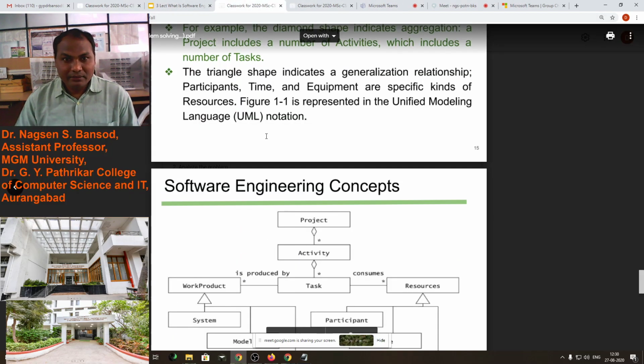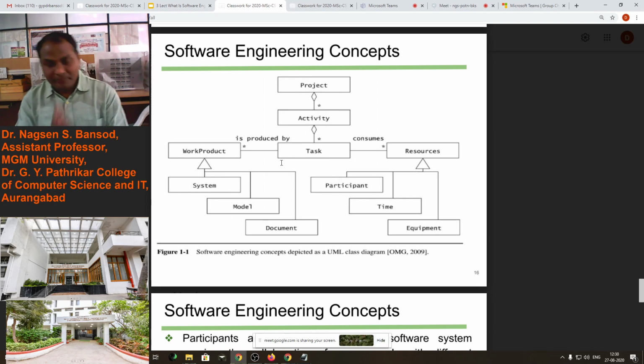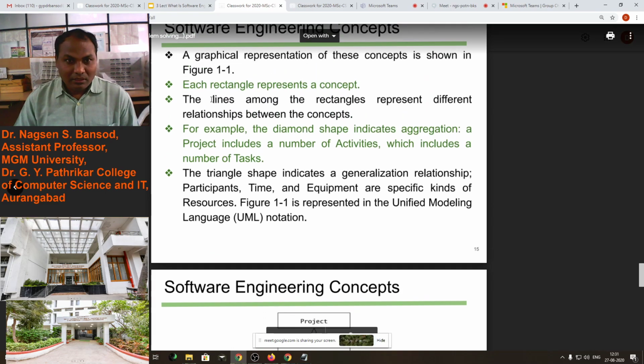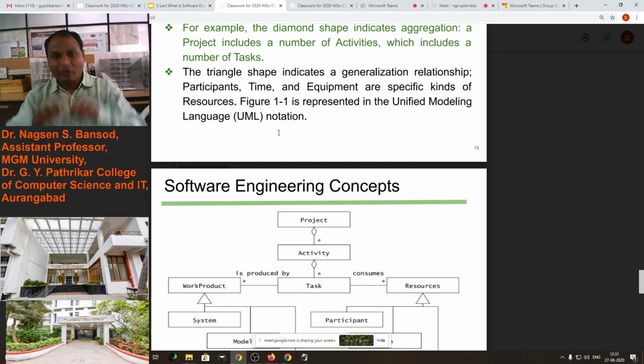Okay, now look at this diagram. In this diagram, there are various symbols. What is the meaning of those symbols? We are discussing that. The rectangle means a concept. Any type of concept, we just draw a rectangle.